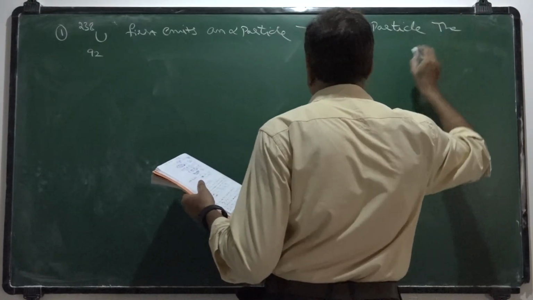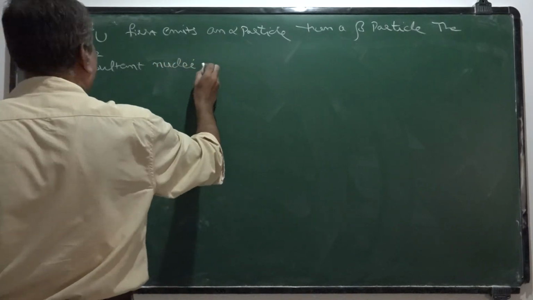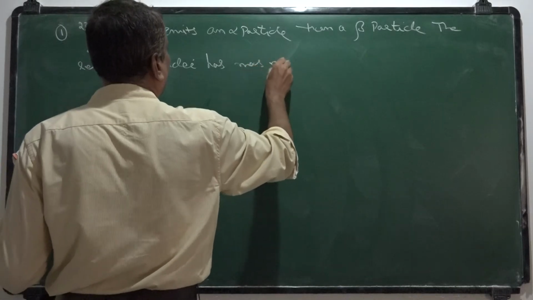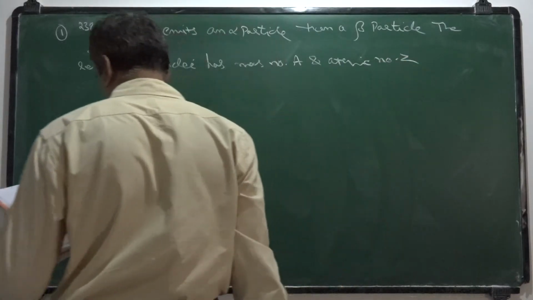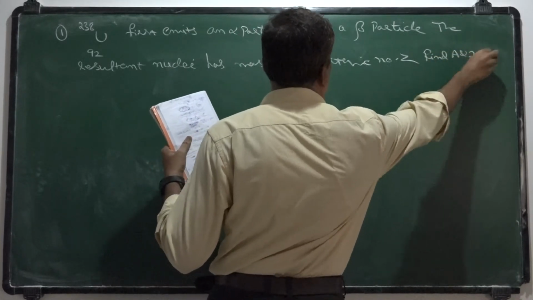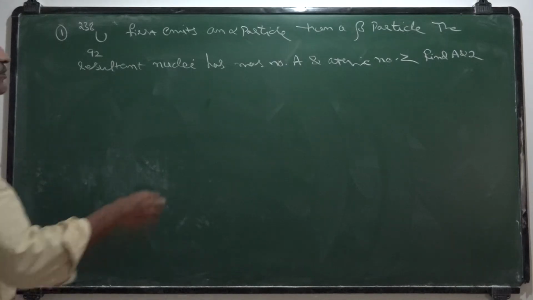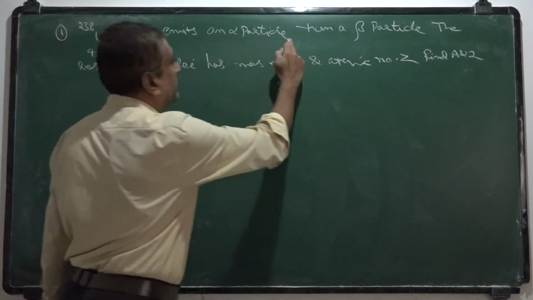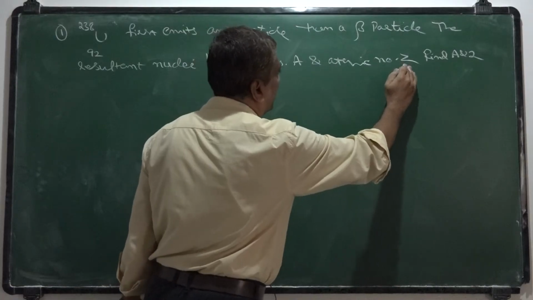The resultant nuclei has mass number A and atomic number Z. Find A and Z.